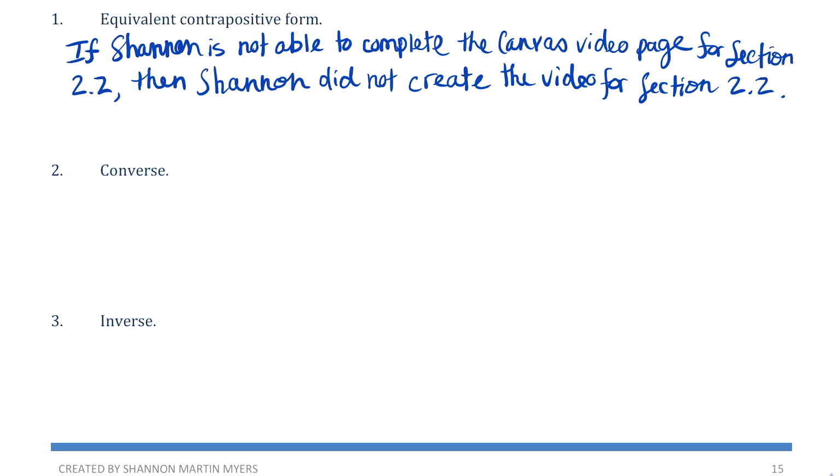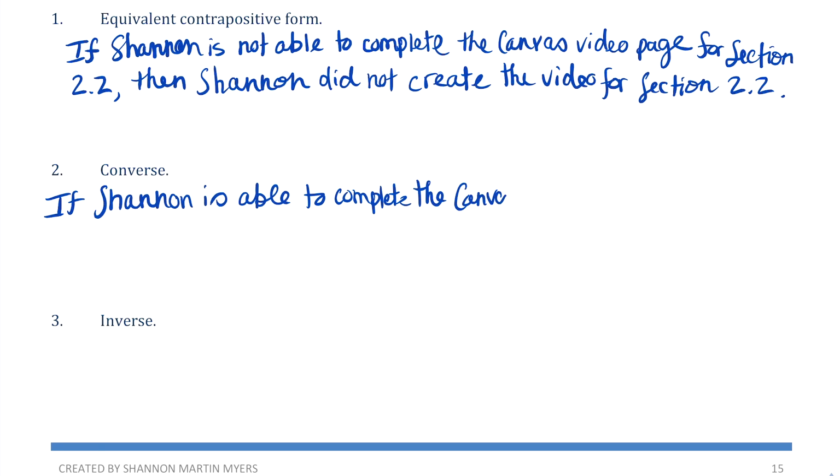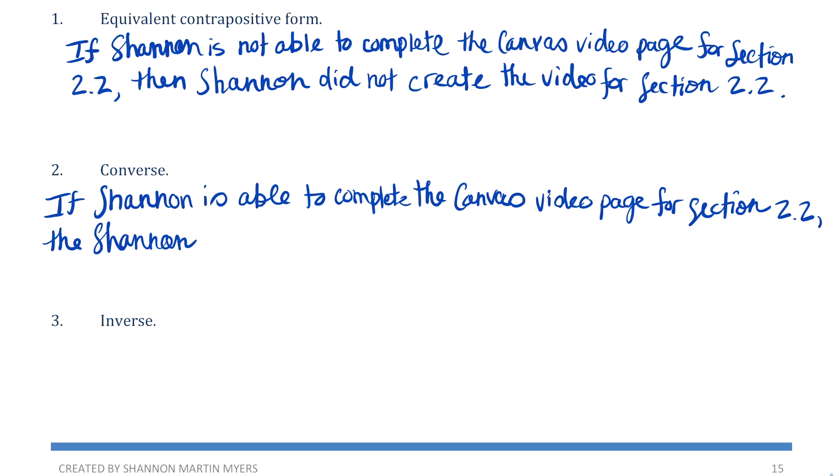But the converse would be: if Shannon is able to complete the Canvas video page for section 2.2, then Shannon created the video for section 2.2. That's our converse.